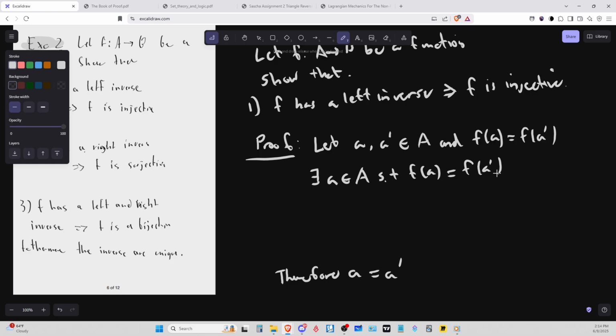So now we have to show that therefore A is equal to A prime. The question is, how do we do that?